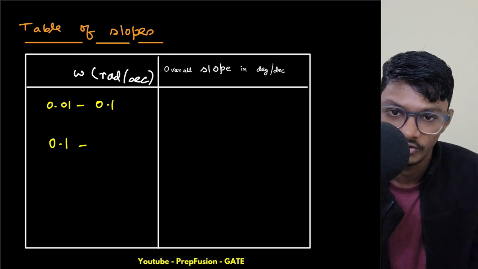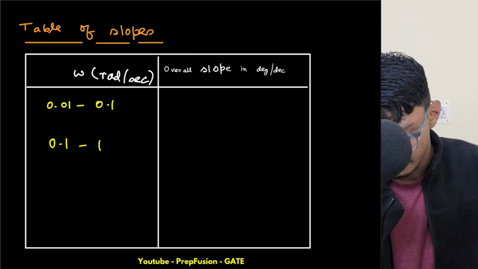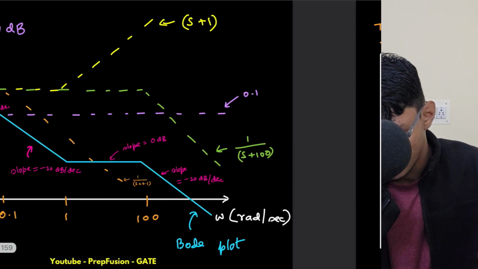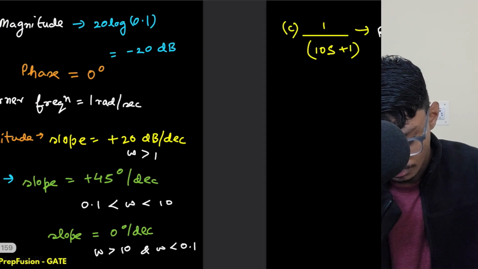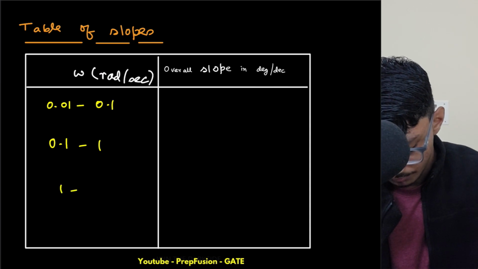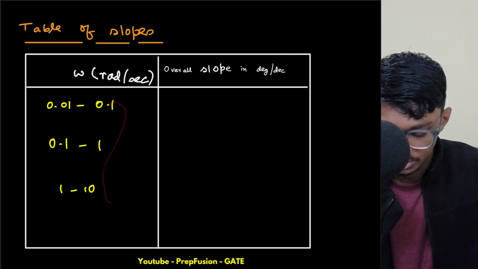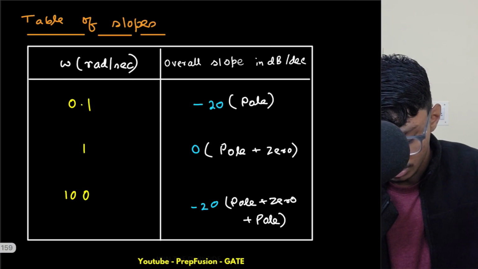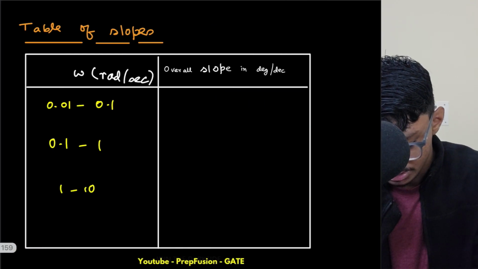The more the overlapping is, the more difficult it gets to plot the phase plot. 1 radian per second, and then we have 1 to 10. So this is 1 and this is 10. After this, it is easy, because the overlapping is gone. Now we have only this range, 10 to 1000. So this is pretty much easy.